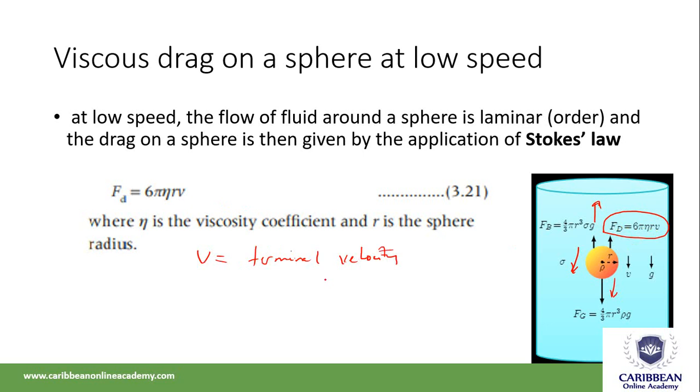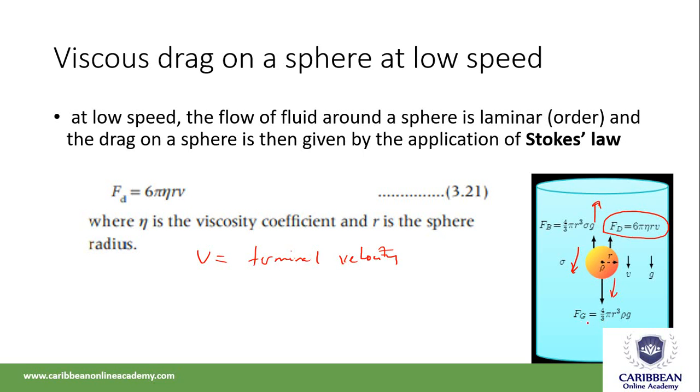In a nutshell, terminal velocity is a velocity that is obtained while the object is moving through the fluid. We'll talk about that a little bit more, but I want you to pay attention to this now.